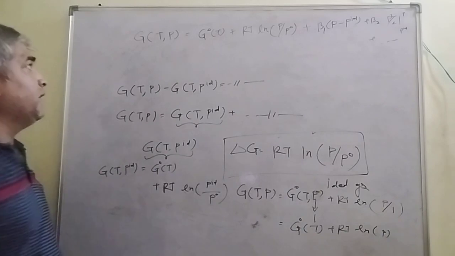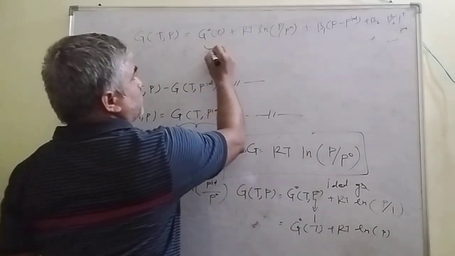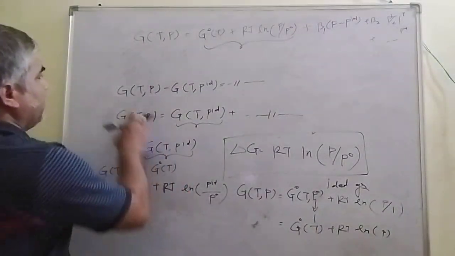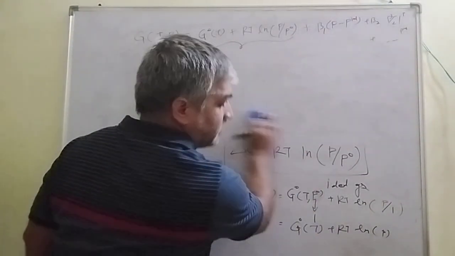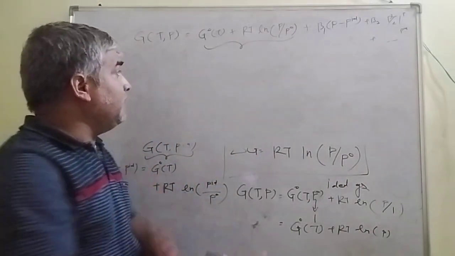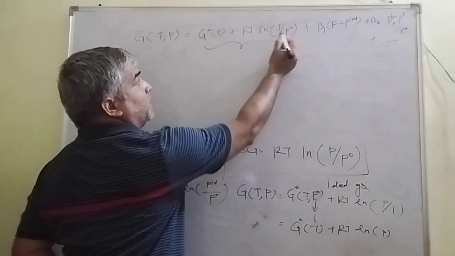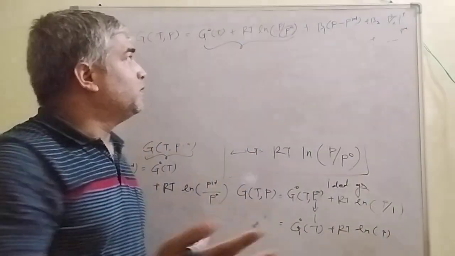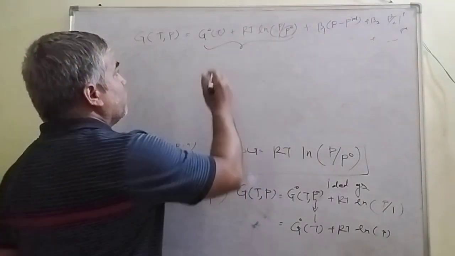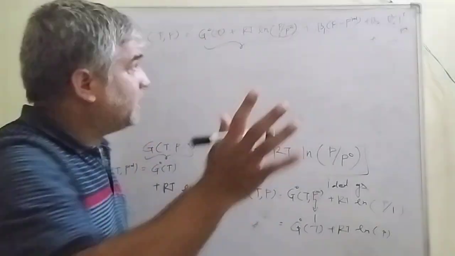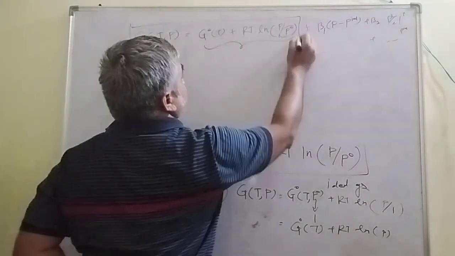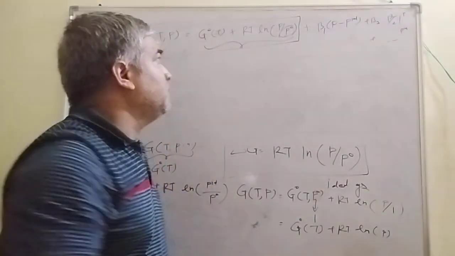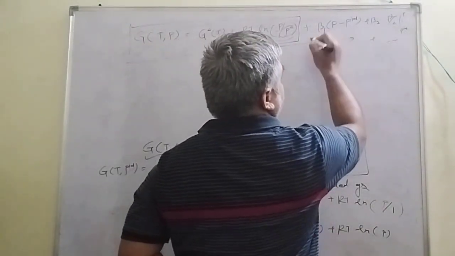From here I can say that when the ideal gas moves from P naught, the standard pressure, that is 1 atmosphere, to a given pressure, I can write it like this for an ideal gas. But since I have taken non-ideality also into the picture, I have to add these terms also.